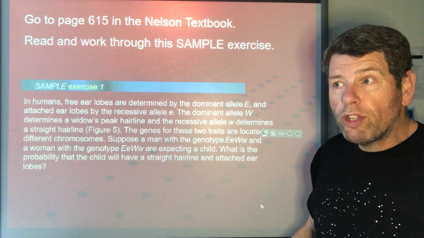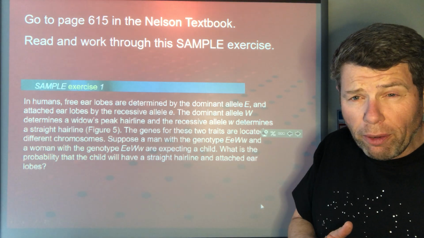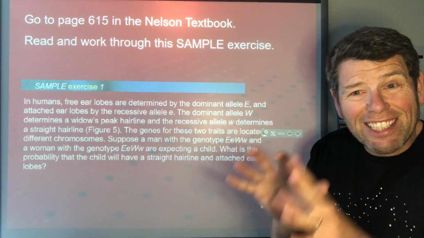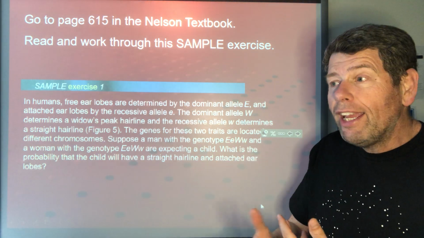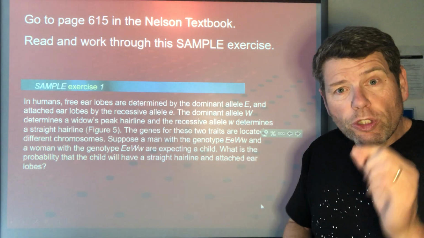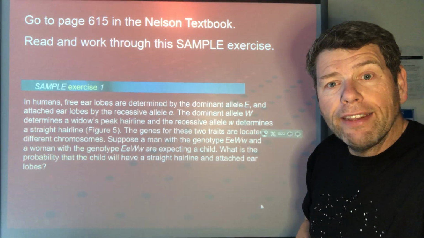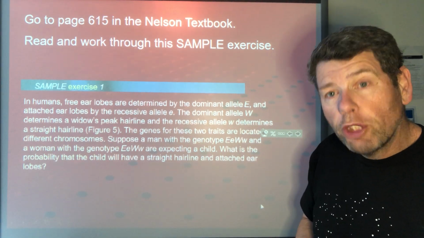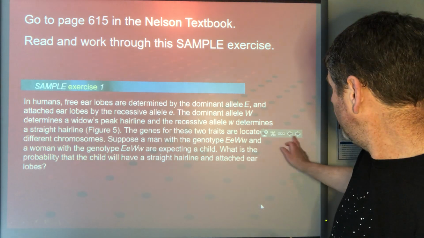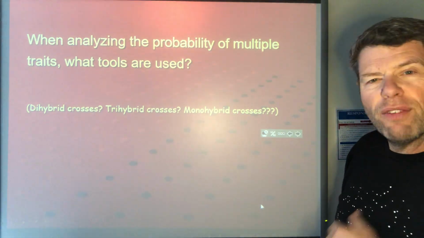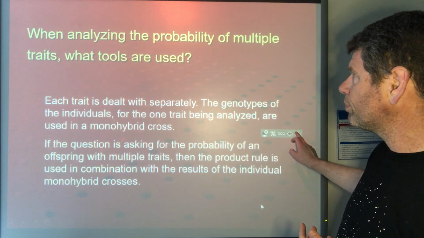Now, I know we could do the big old 4x4 Punnett square and start to dissect that. But what can often be easier is, why don't we look at each trait separately and then use the product rule to predict the combination of those 2 traits at the same time. So that would kind of look like this.